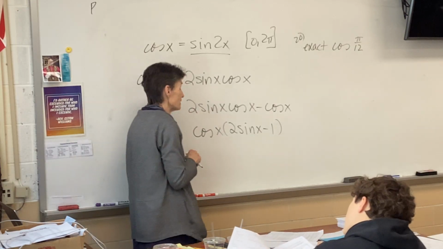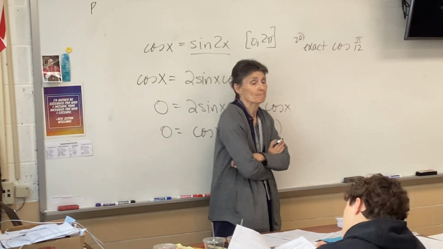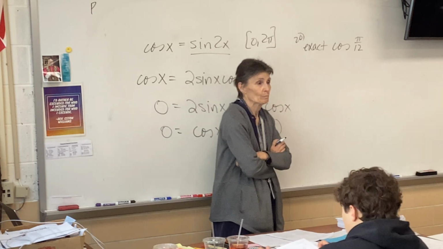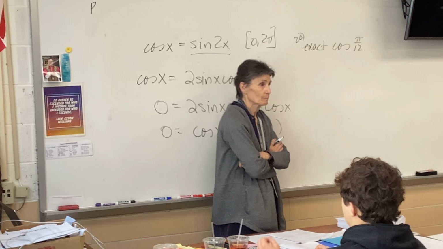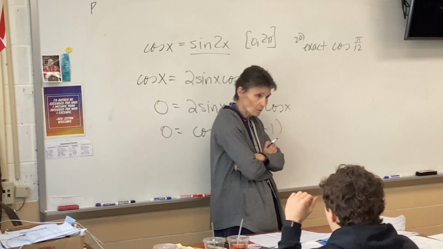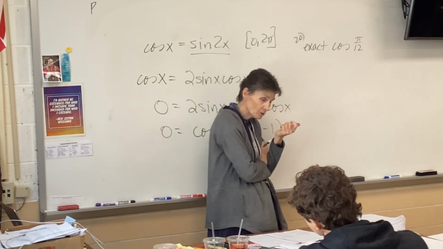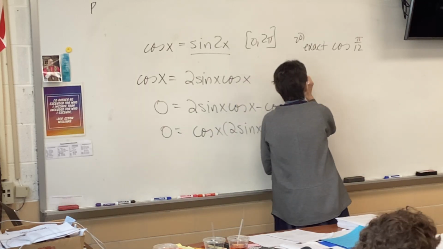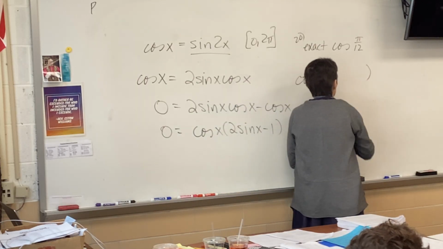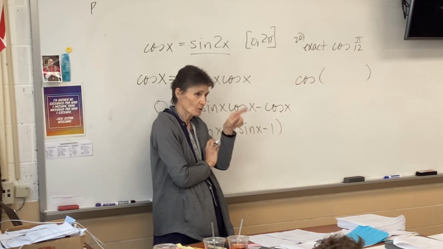Okay. Find the exact cosine of pi over 12. What do I do here? So think of your unit circle and find two that either add up to pi over 12 or subtract to pi over 12. Can you think of two from our unit circle?